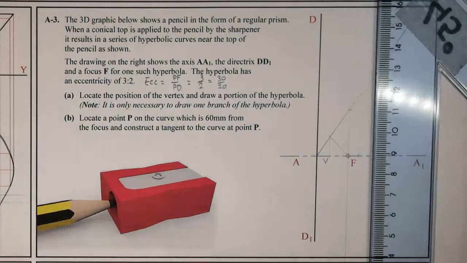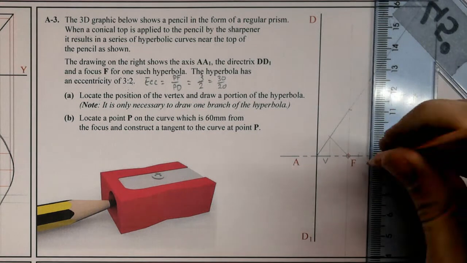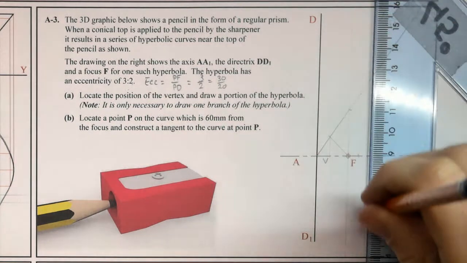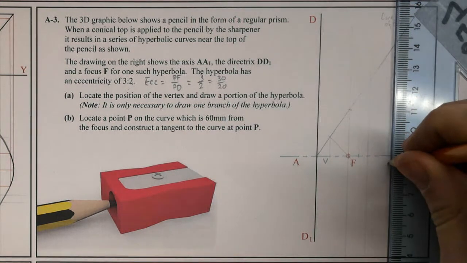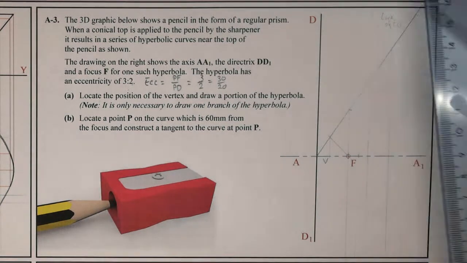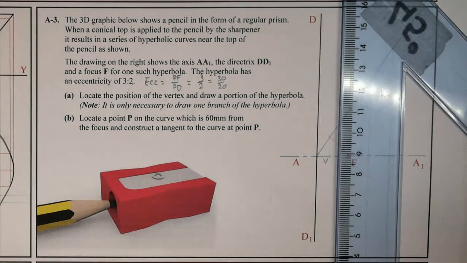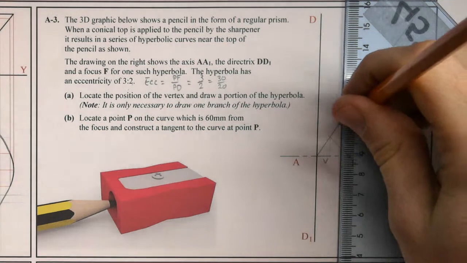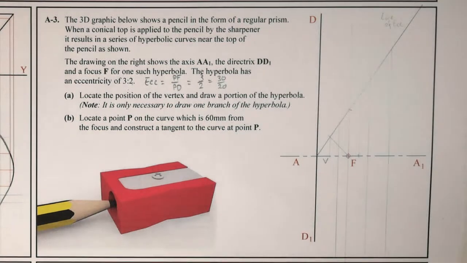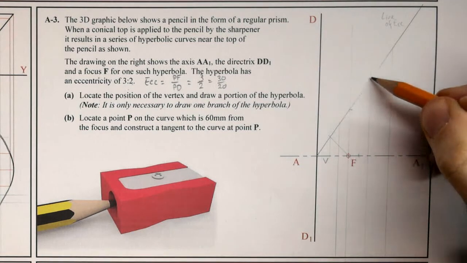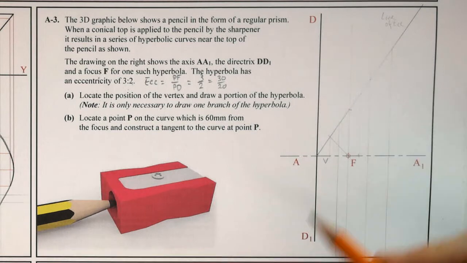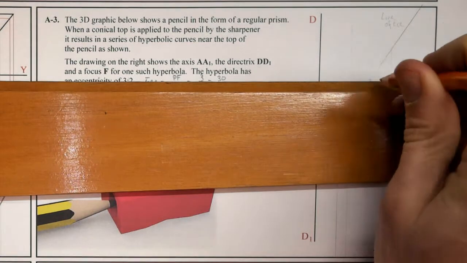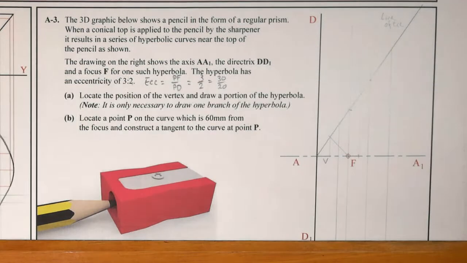So next I'm going to pick random points coming out here. You can do set distances if you want. I'll just do random distances. And always do a point between V and F as well. Okay, so where each of these ordinates, or double ordinates, hits my line of eccentricity, I'm going to draw a cross until I hit my vertex.